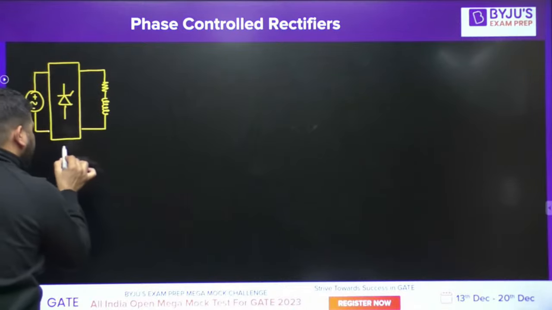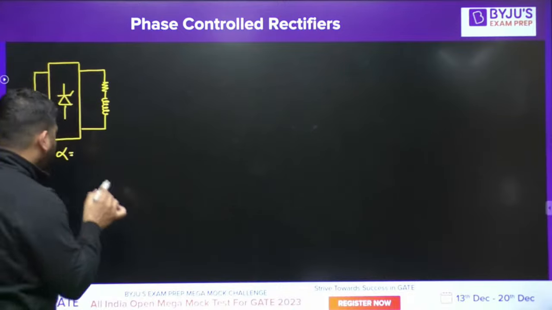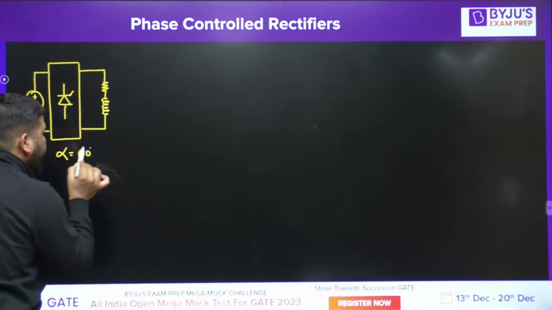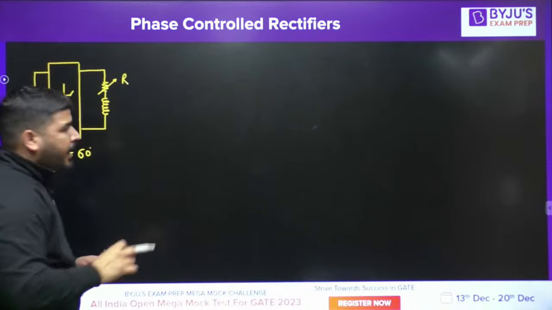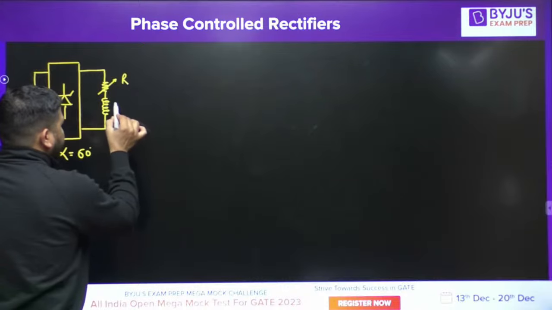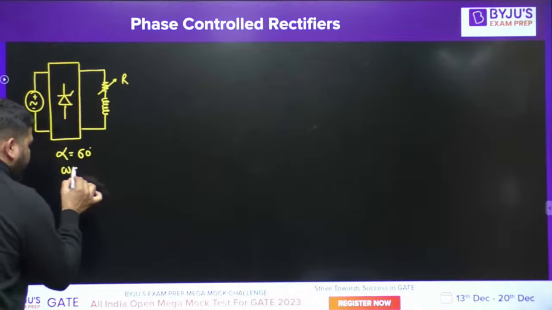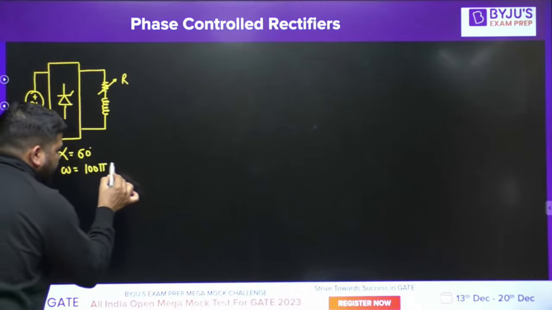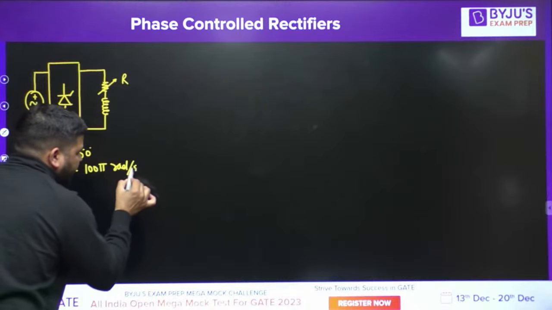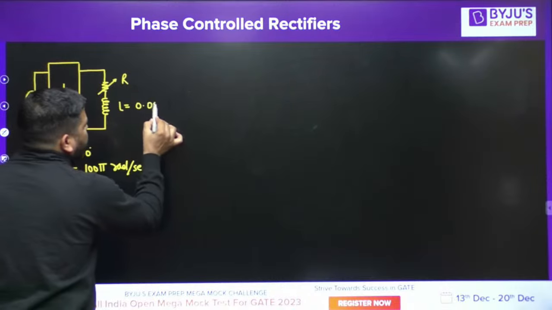Now it is given that alpha for thyristors T1, T2, T3, T4 is 60 degrees. This is variable R, and the fundamental frequency is, let's say, omega equal to 100 pi radian per second, and L is given as 0.05 Henry.